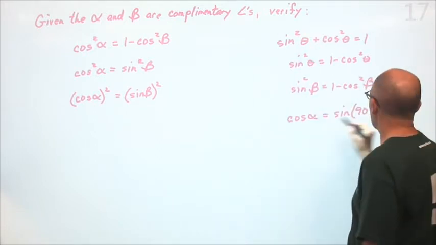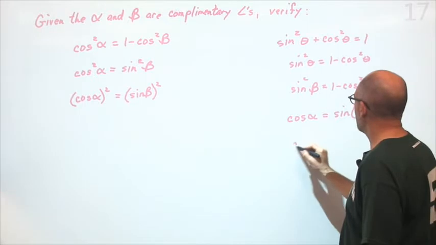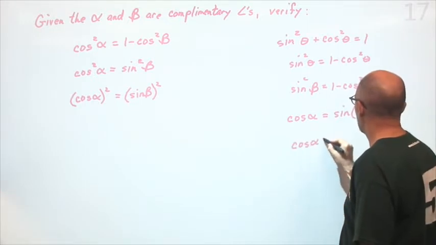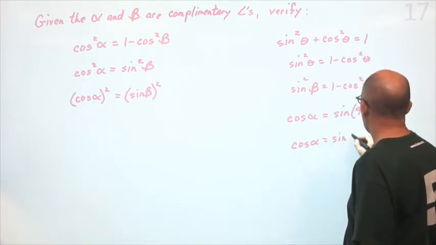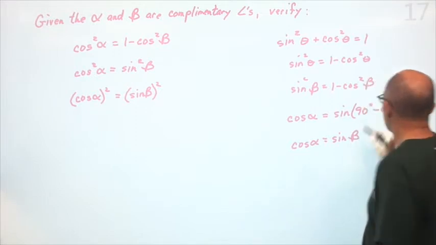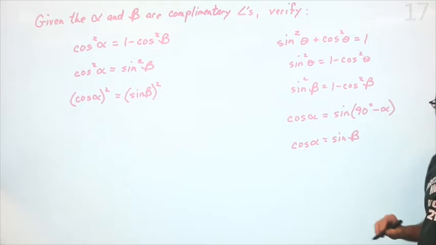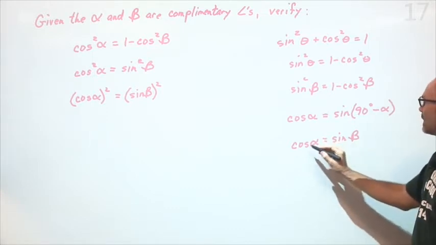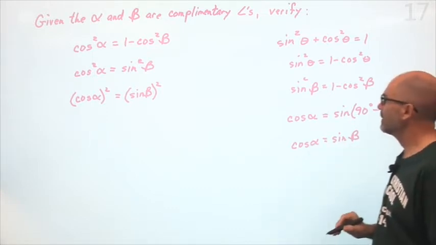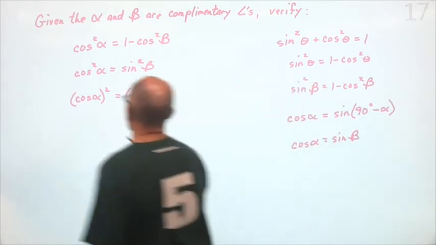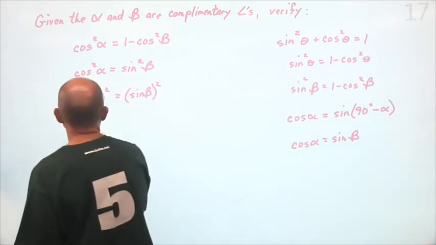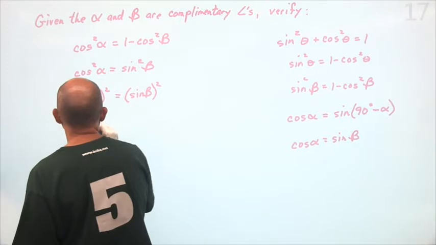Remember, alpha and beta are complementary angles. So that means cosine alpha equals sine beta, because beta equals 90 minus alpha, because alpha and beta are complementary. So if cosine alpha equals sine beta, then what I could do here is just substitute a sine beta where I see the cosine alpha.